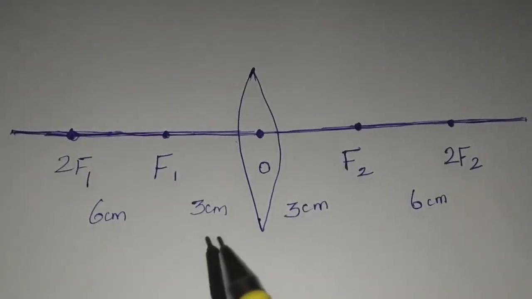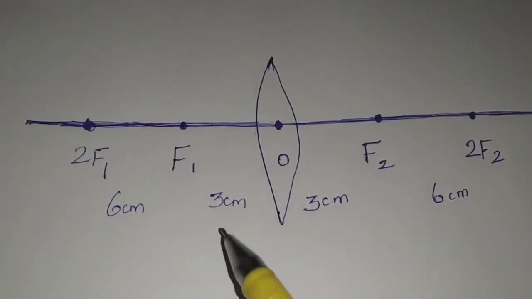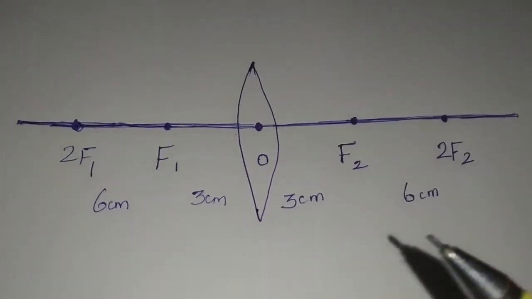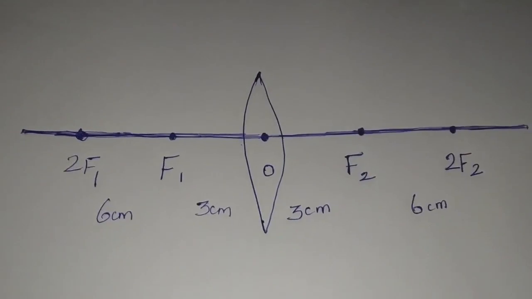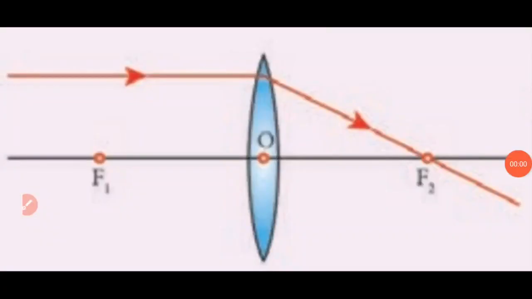Students, before making our image formation, we have to remember the rules for image formation for the convex lens. There are three rules. Rule 1: A ray which is parallel to the principal axis, after refraction passes through the focus on the other side of the lens.